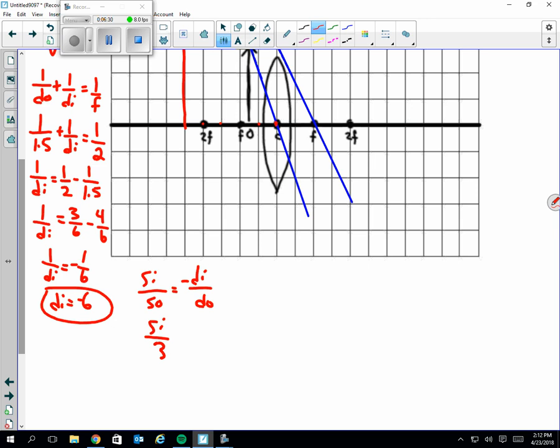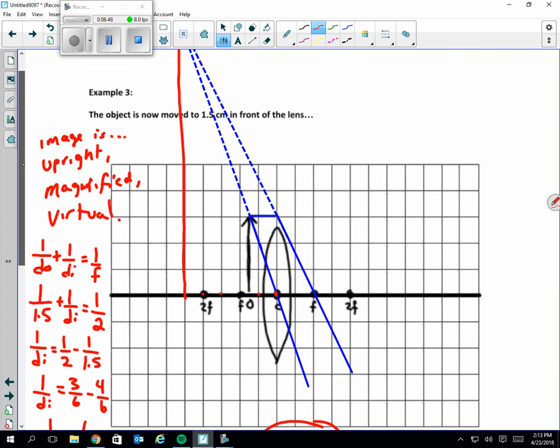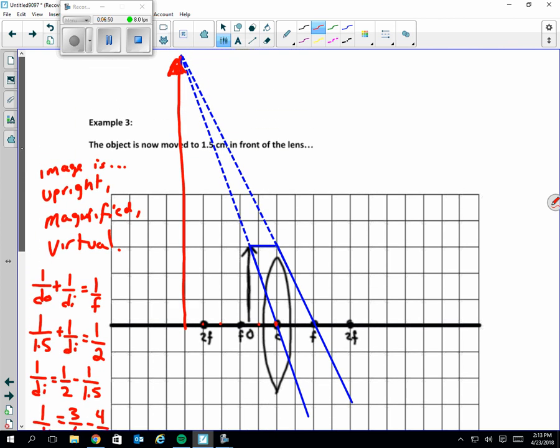SI over the object, which is still 3, equals minus, we got negative 6 here, and this was 1.5. If I do my math, I end up with SI plus 12 this time. Plus meaning it's pointing upward. Again, if I count the squares, it may not be exactly 12, but it certainly is a very large number.